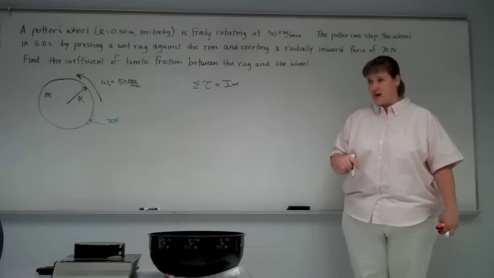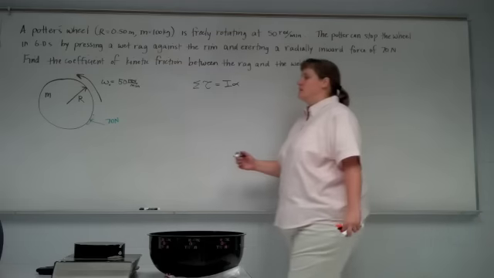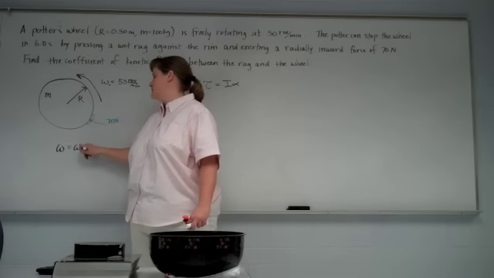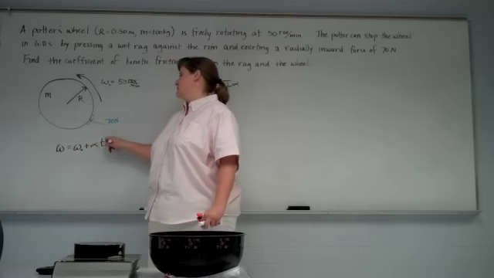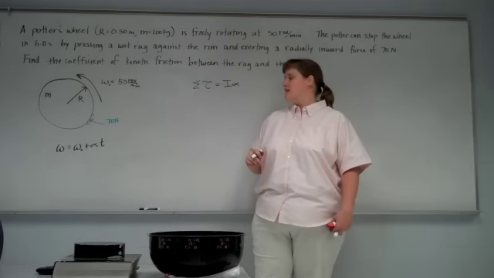It comes to rest, so the final rotation rate is 0. So there was some sort of angular acceleration that caused that. We can look at our kinematic equations. We have a nice relationship between rotation rate and angular acceleration and time.